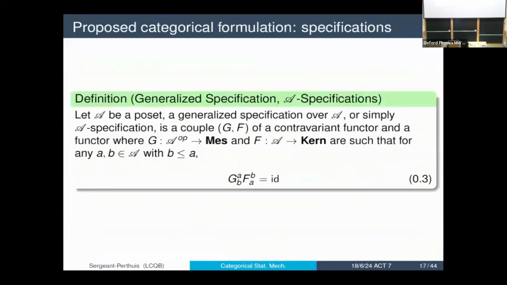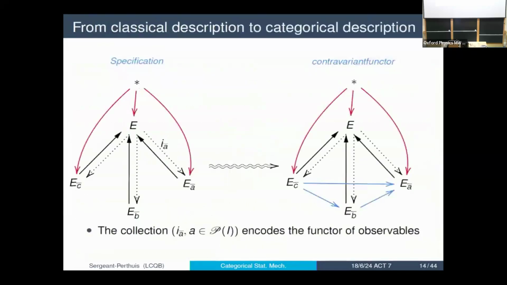So I need to also keep track of a second functor, which is the functor of observables, which plays the role of the projections here. So when I do this, the good thing is that I don't necessarily have to consider projections anymore. I can also consider any measurable map.